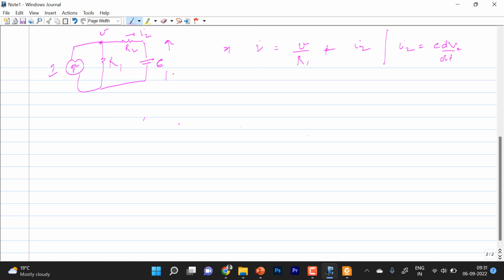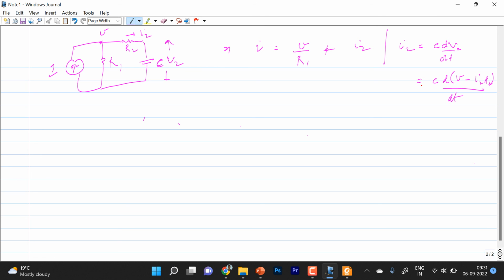So what is V2? V2 is the potential across this capacitor. But what is V2? V2 is V minus I2 into R2. Correct? Because this is the drop in this particular resistance, which is coming as V2.